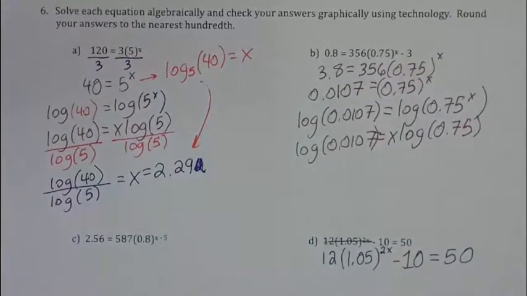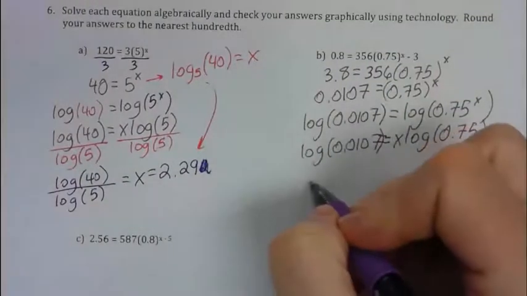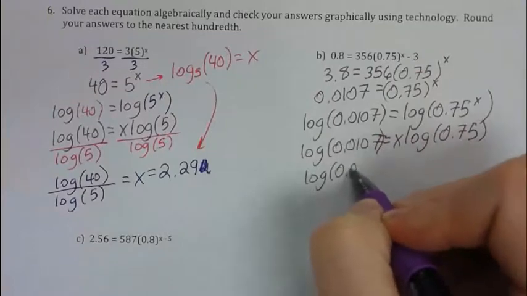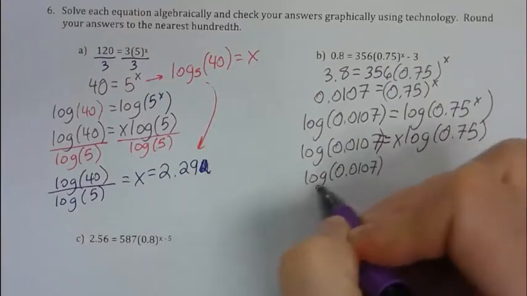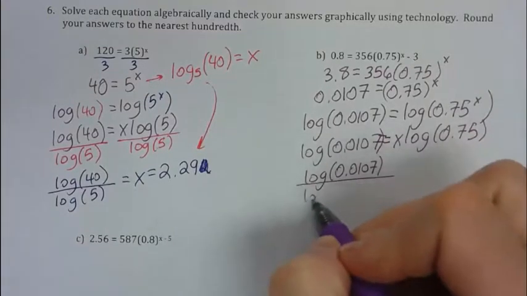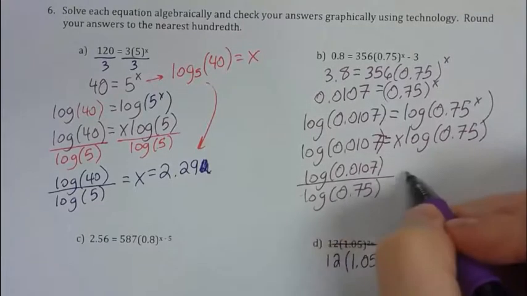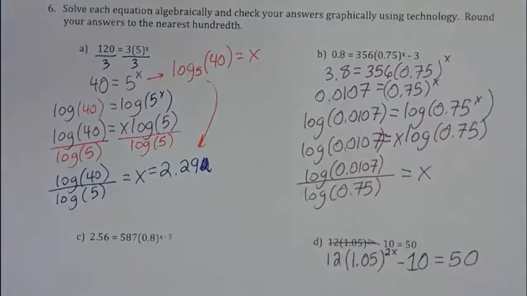And then I'm just dividing by log of 0.75. So I have the log of this kind of little tiny number divided by the log of 0.75. All that is equal to x.